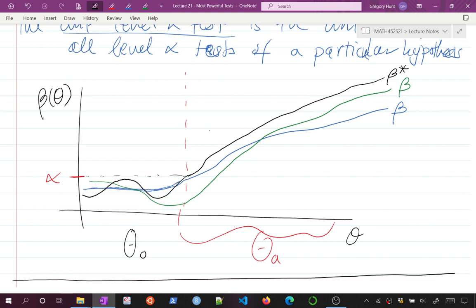But if I don't restrict that, there's not generally going to be a best test. Much like our UMVUEs, there we restricted things to be unbiased, and that allowed us to get a best estimator. If we don't restrict, there is no estimator that is best at all possible values of theta. The same thing holds here: if we have a totally unrestricted test, there is no best test at all possible values of theta. If we put some restrictions, in this case making it level alpha, for example, controlling the type 1 error, then we can sometimes get an easy answer.